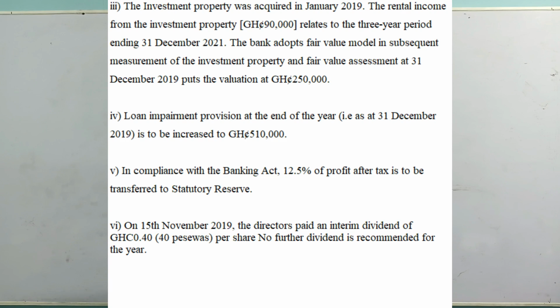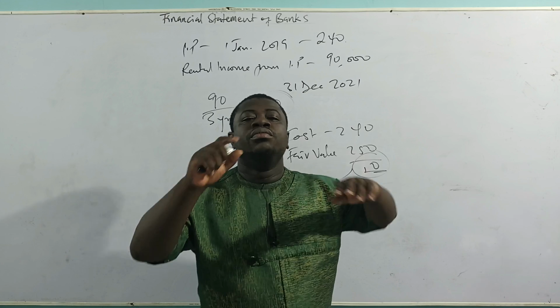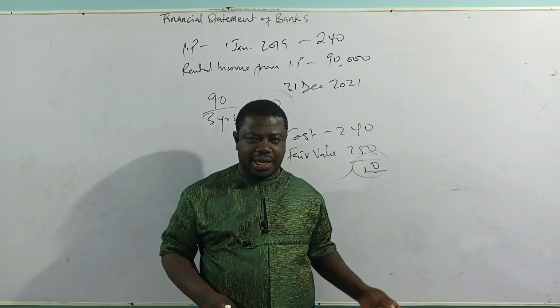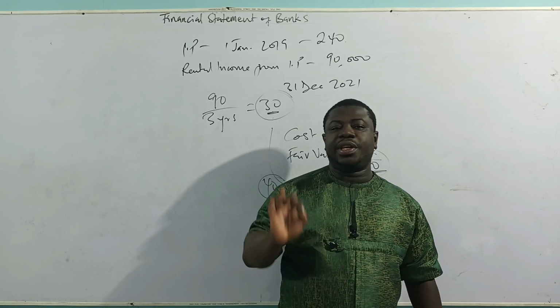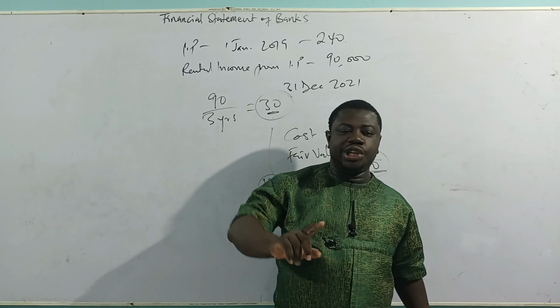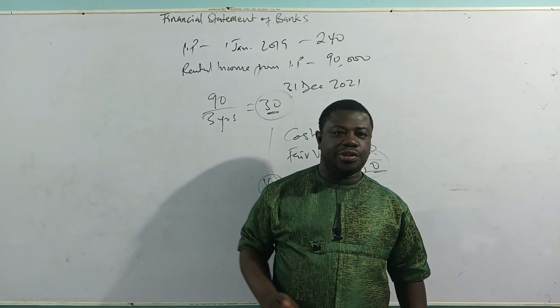Loan impairment provision at the end of the year, as at 31st December 2019, is to be increased to 510. Now, loan is a financial asset to the organization, and I told you that the impairment of financial assets will go as an expense to reduce the profit on the statement of profit or loss.